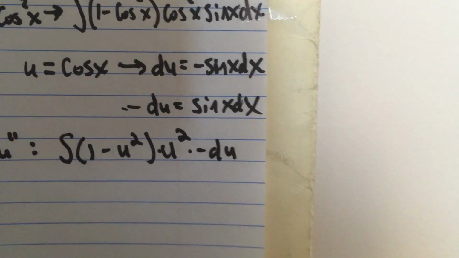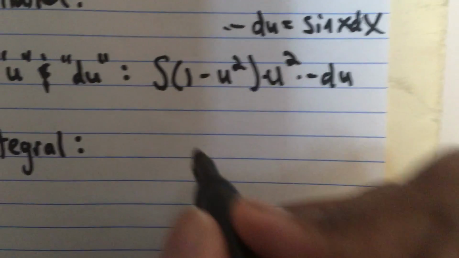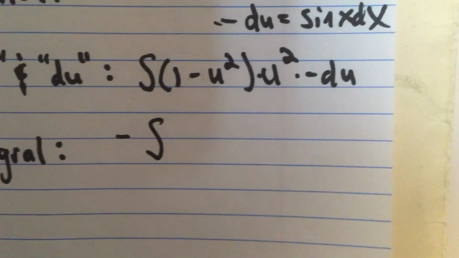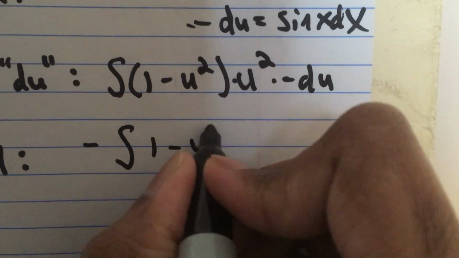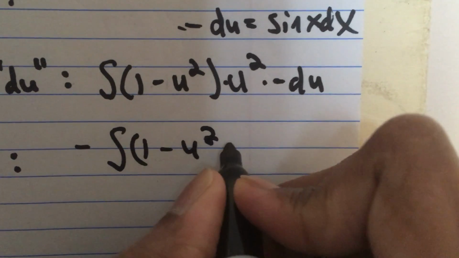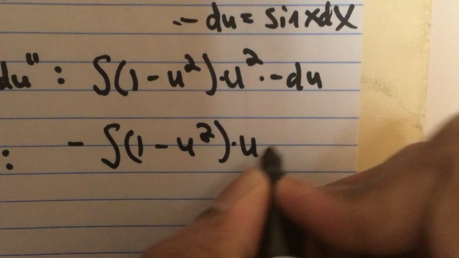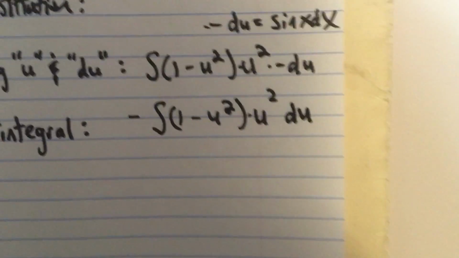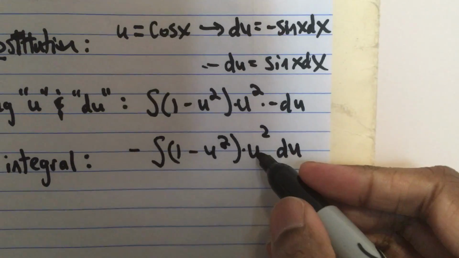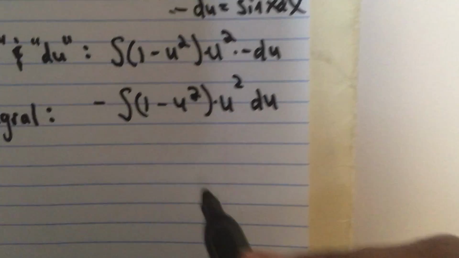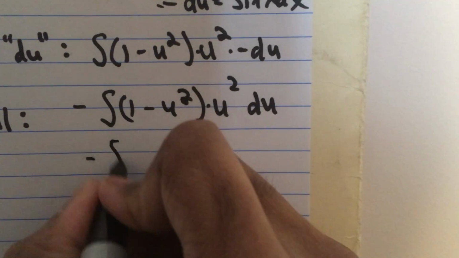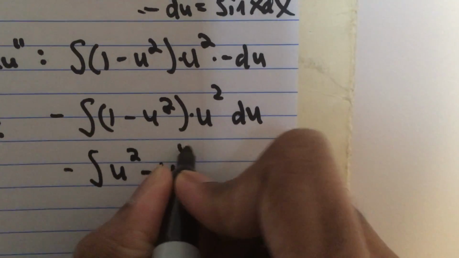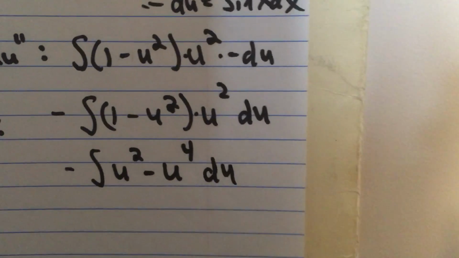I'm going to pull out the negative, so now we have negative the integral of 1 minus u squared times u squared du. I'm going to distribute the u squared. So I have negative integral of u squared minus u to the fourth du.